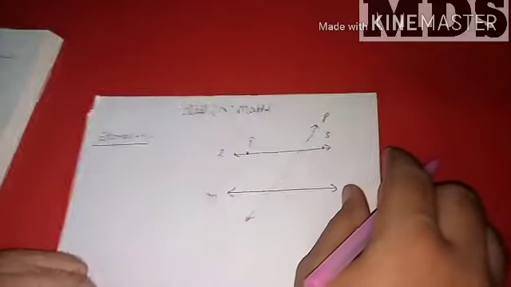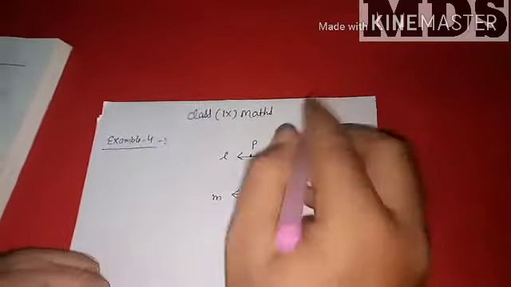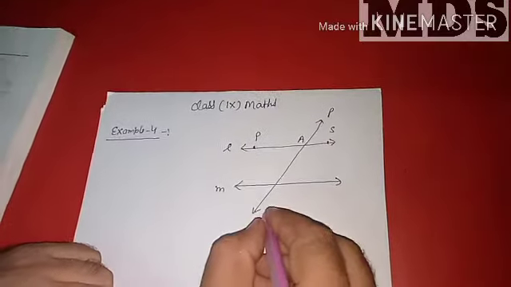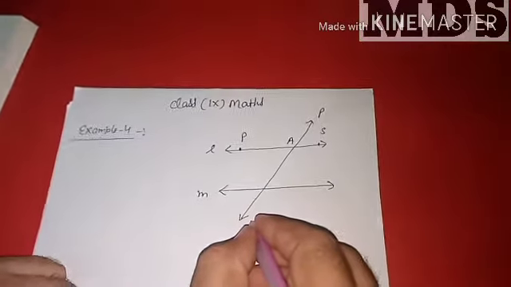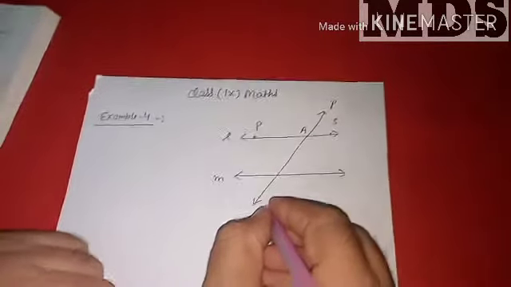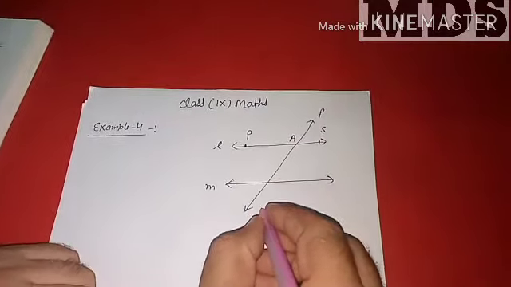Transversal P intersects them at point A. What's the name of this point? A. And what's the name of this point? C. Intersected by the transversal, so this is C.